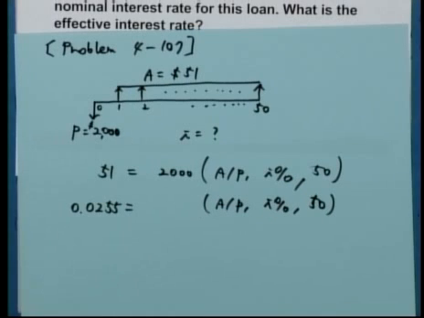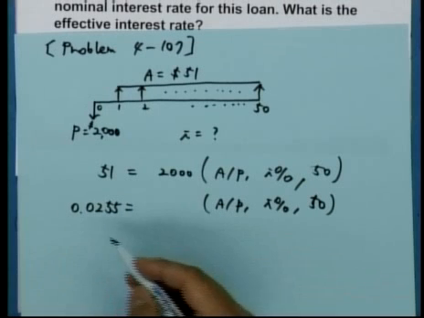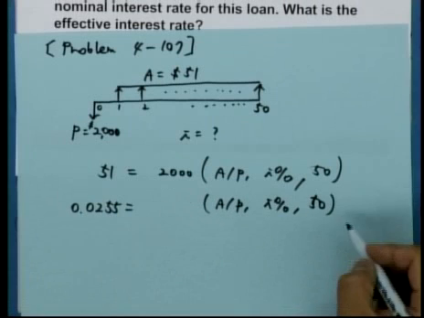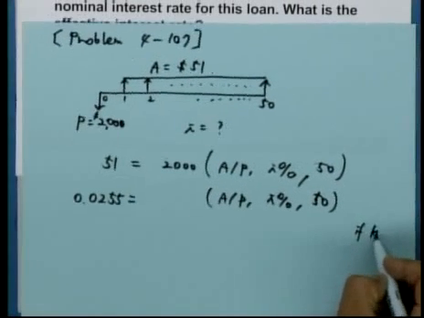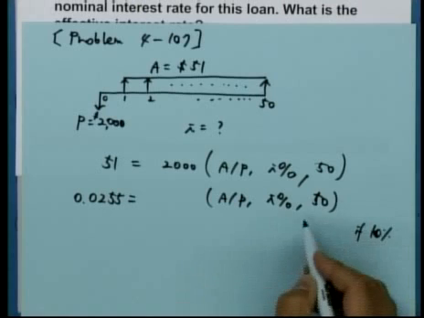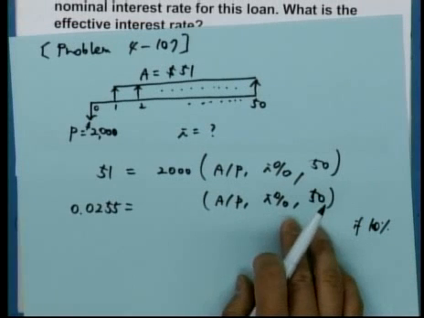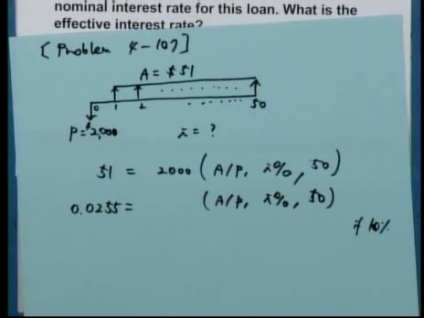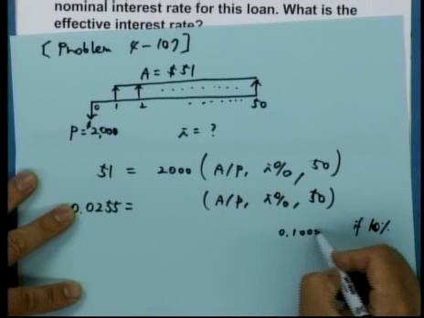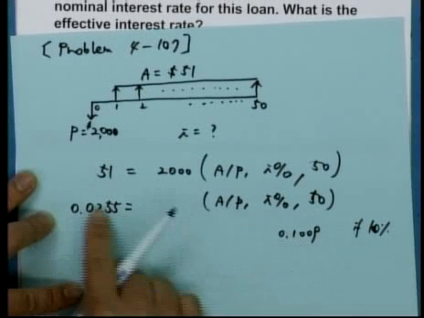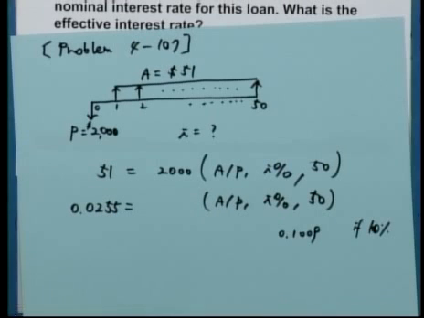So for example, if you want to look at 10% interest rate, then this value is 0.1009, which is too much, right? A lot larger than this value. So let's look at 3%, for example.